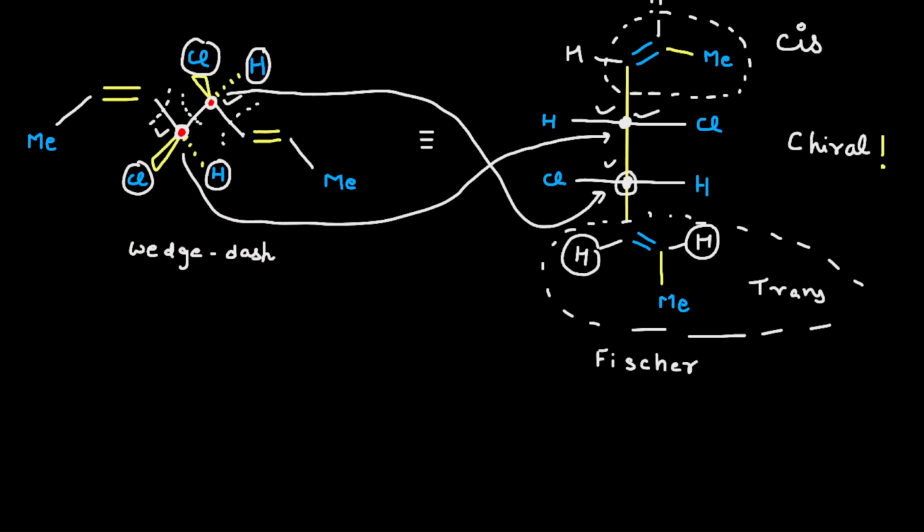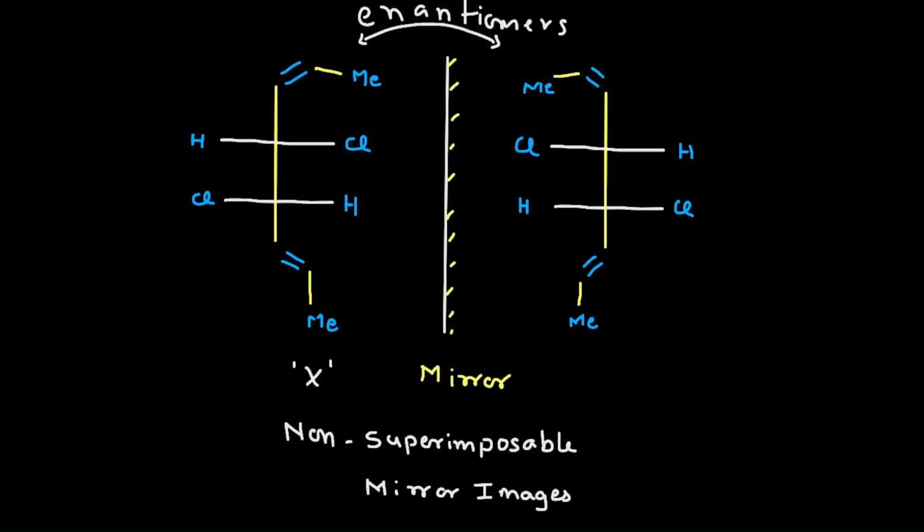Now, once we have drawn the Fisher's projection, let us try to judge whether the compound is chiral or not. The best way to do so is to draw its mirror image. So I have taken the compound X given in our question, I have taken its Fisher's projection, and I have drawn its mirror image using a mirror.